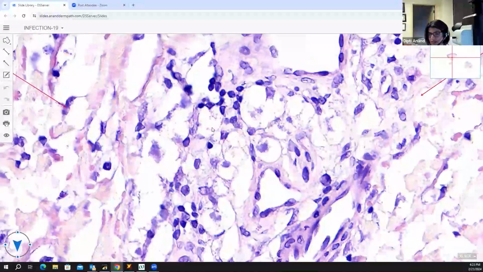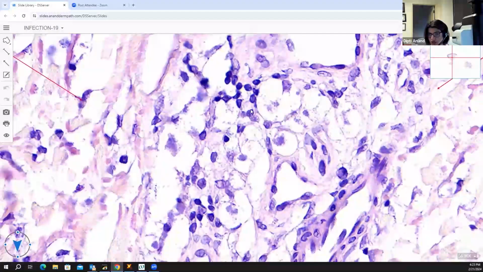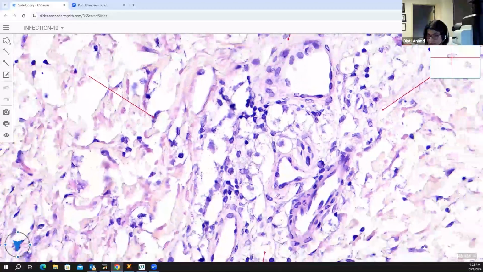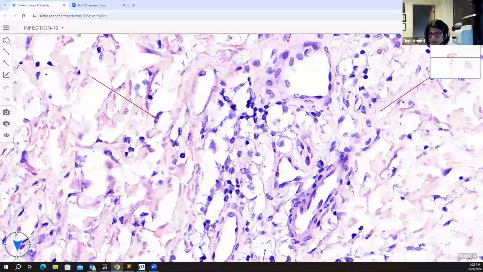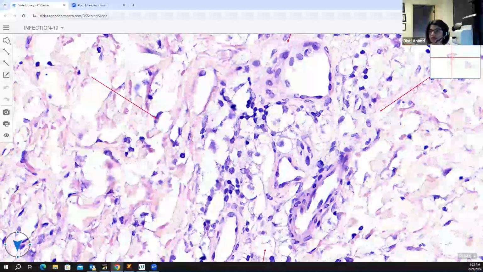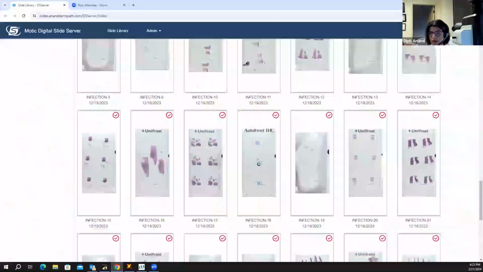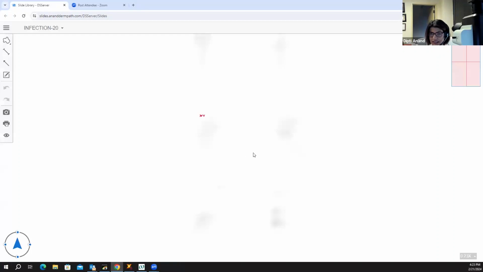So all of this is a bunch of bacteria. This is one histiocyte, another one, another one. You can see there are clumps of bacteria within them. These are called globoid cells. So globoid cells are seen in lepromatous leprosy, where you have infiltration of the dermis by histiocytic cells, which have engulfed these bacteria. So let's see another example.